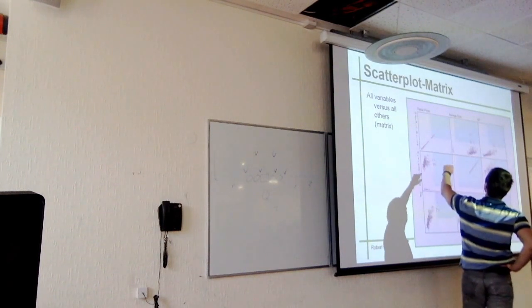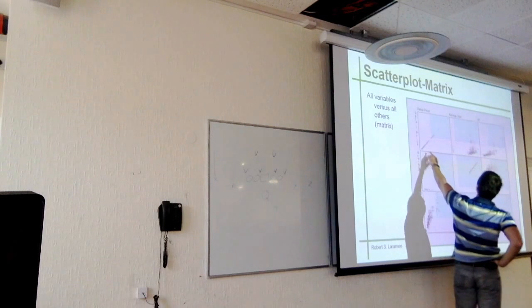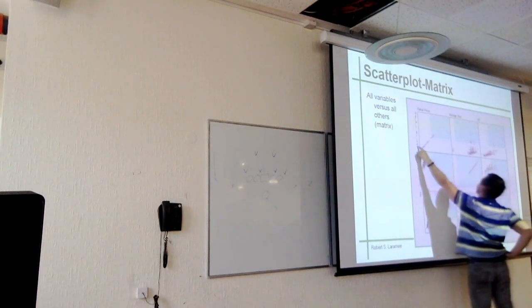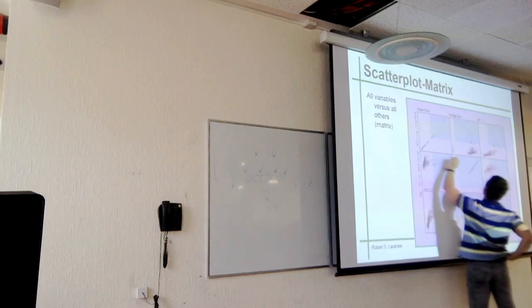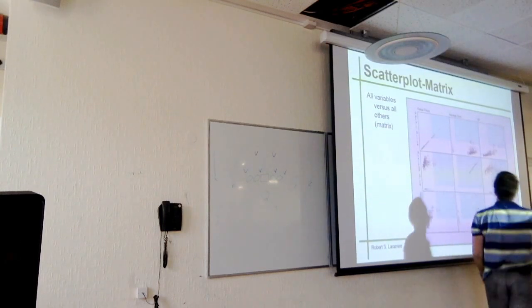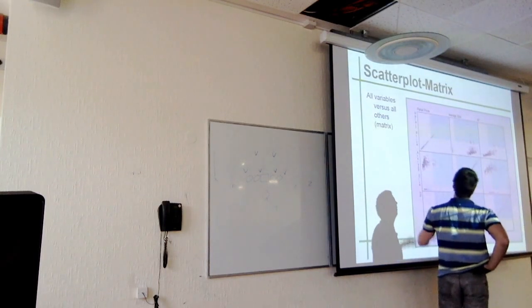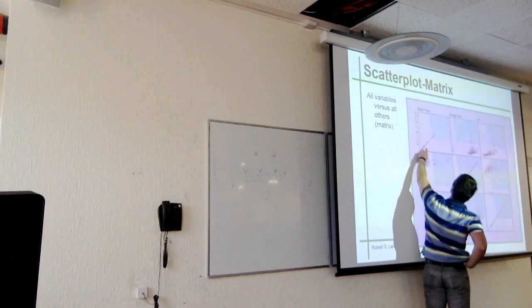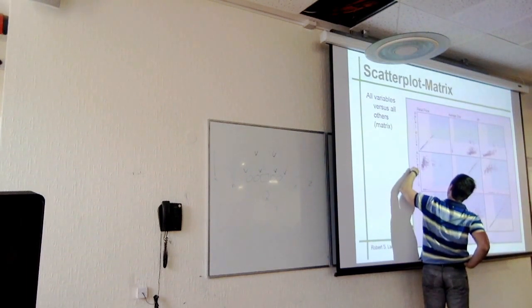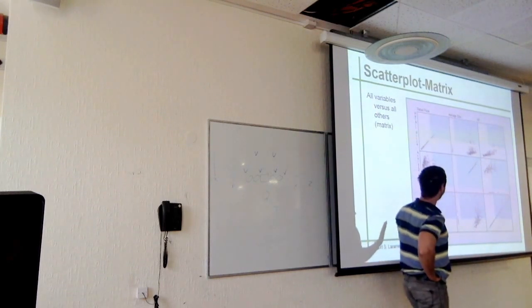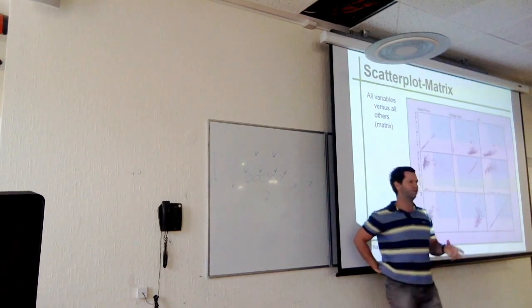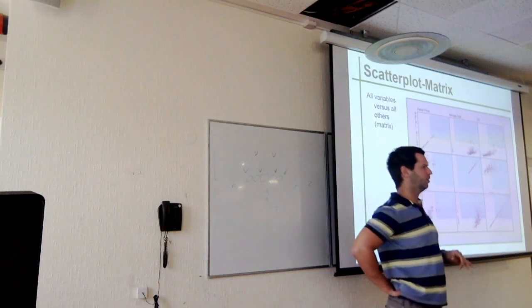So here it's retail price against retail price, against average size, and retail price against horsepower. And then we do the same thing in the other direction. And by having a matrix like this, we cover every combination.